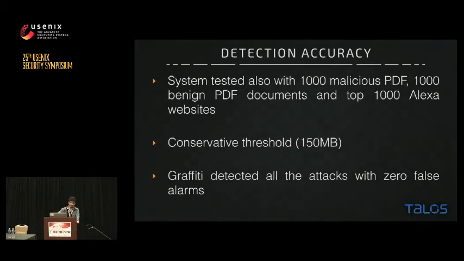In this case, our framework, Graffiti, was able to detect all the attacks without any false positive or false negative. Then we did the same experiment by monitoring a browser with the same conservative threshold, and we visited the top 1,000 Alexa websites. Here we were expecting, of course, to not find any attacks, and this is what happened. So again, we didn't have any false positive or false negative.